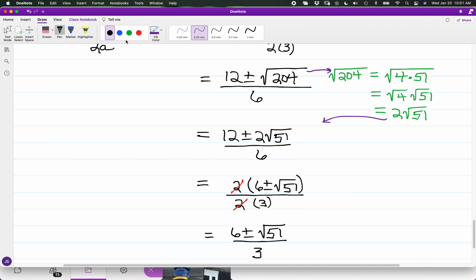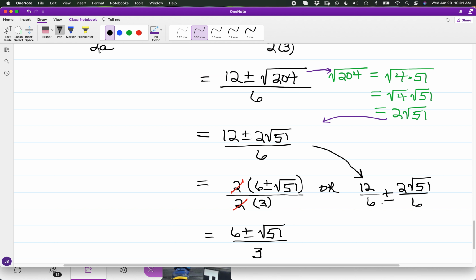And I will just kind of mention this as well. If I were to break apart what I have here, so 12 over 6 plus or minus 2 times the square root of 51 over 6, 12 over 6 becomes 2, plus or minus.